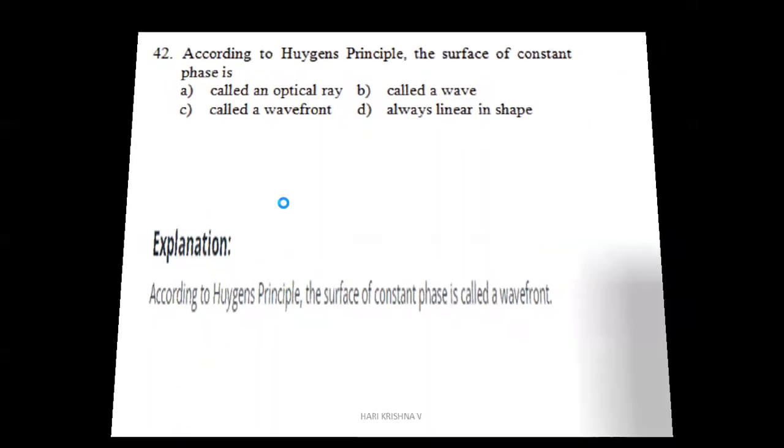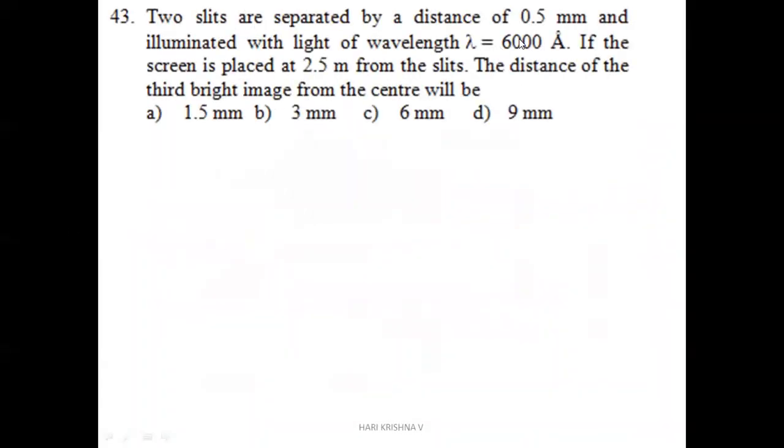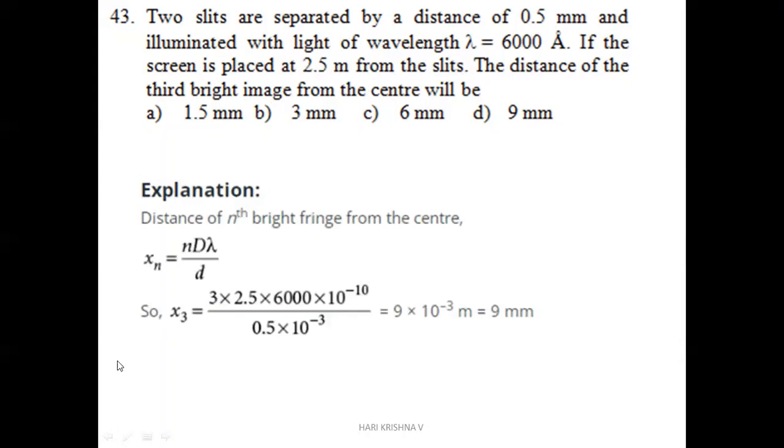Next, two slits are separated by a distance of 0.5 mm, and the light has a wavelength of 6000 Armstrong. The screen is placed 2.5 meters away. They are asking for the distance of the third bright fringe. So for the nth bright fringe, xn is equal to n D lambda by d.